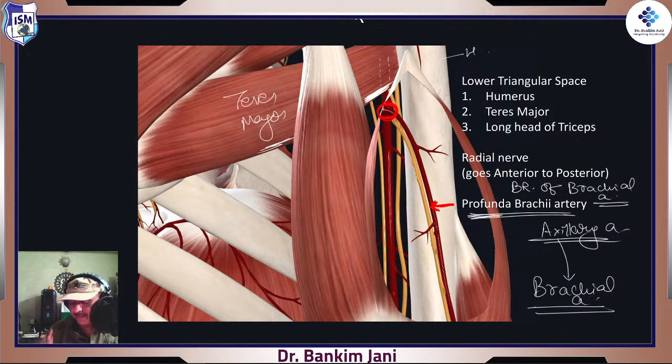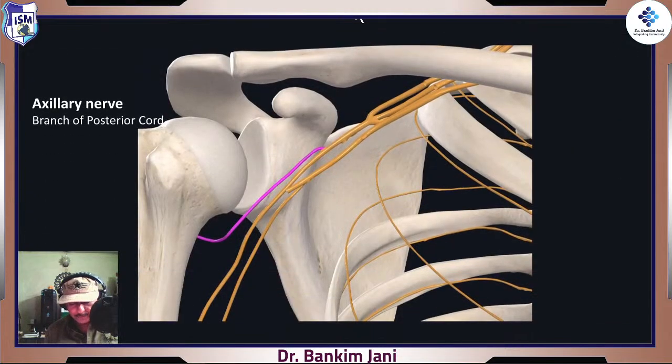Profunda means big, brachii means arm. So it is a big branch which is coming out of it. That is what is called the profunda brachii, which is a branch of the brachial artery, because we call it brachial as it crosses the lower margin of teres major. Perfect. From this point onwards, things are easy.